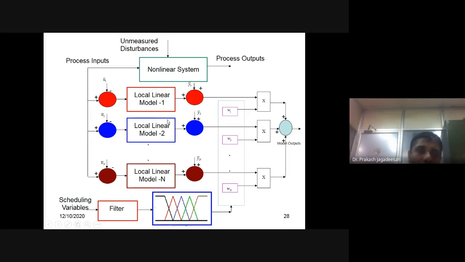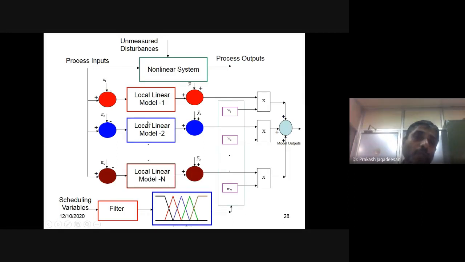Let's assume your system is operating somewhere in between 1 and 2, then I'll assign equal weights, exactly halfway, 0.5. If it is operating close to the first model, then I'll give more weight to W1 and less weight to all other models. So by assigning weights, I'm going to combine linear models. As a result, I can capture the dynamic behavior of the system.